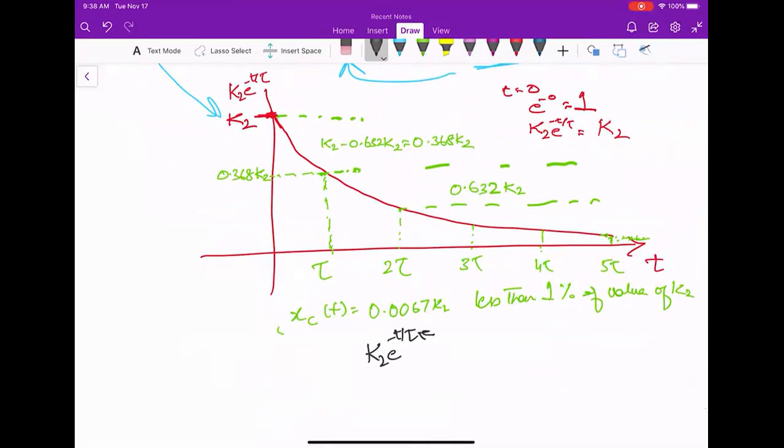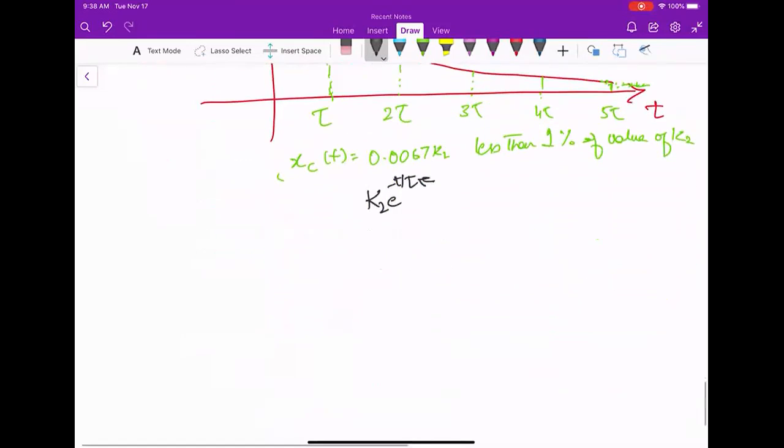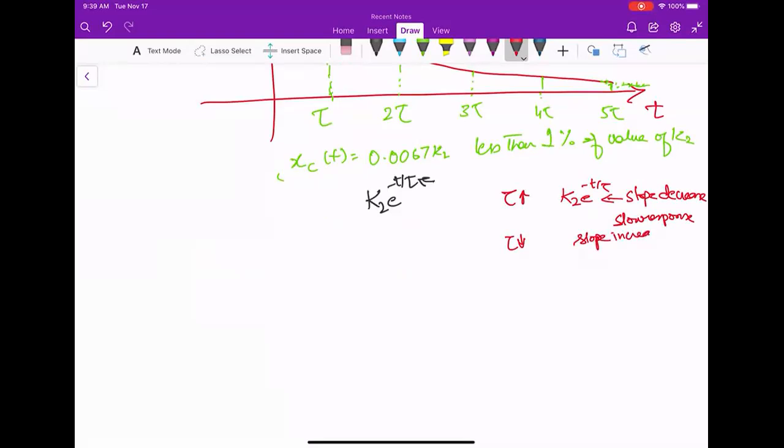So if tau increases, the decaying exponential will decrease more slowly. What it means, let's see. Tau increase makes the slope decrease, or you can say you will see a slow response. Similarly, if tau decreases, you will see the slope increase, or a fast response.